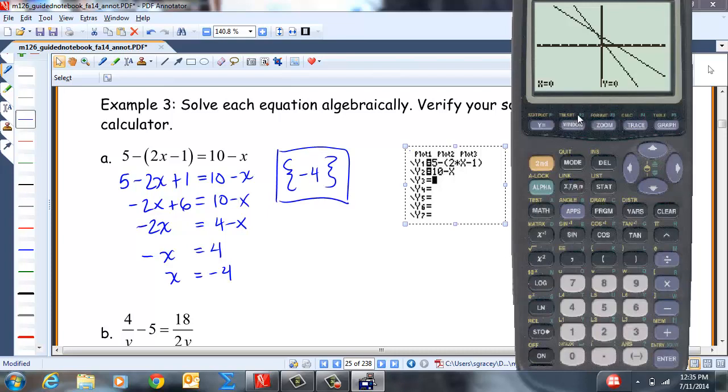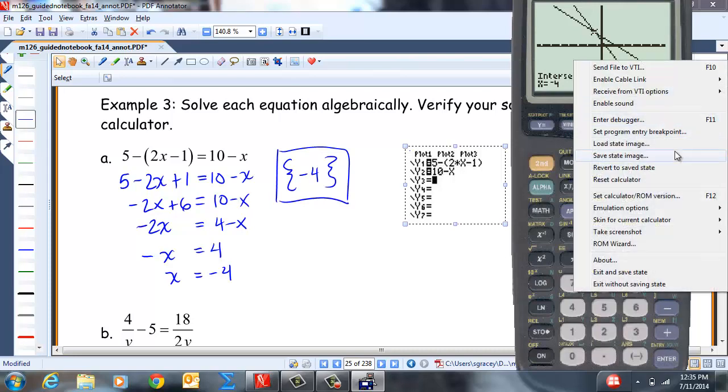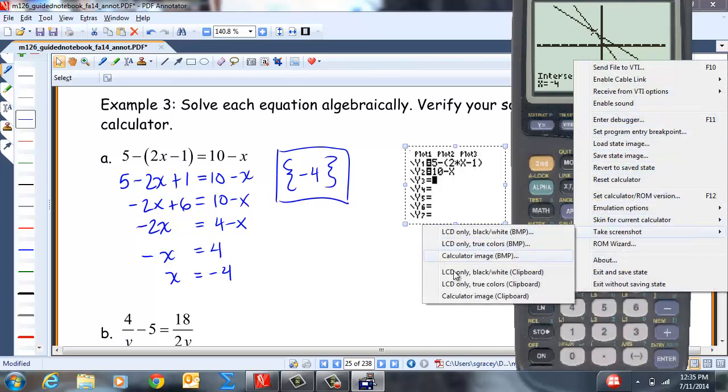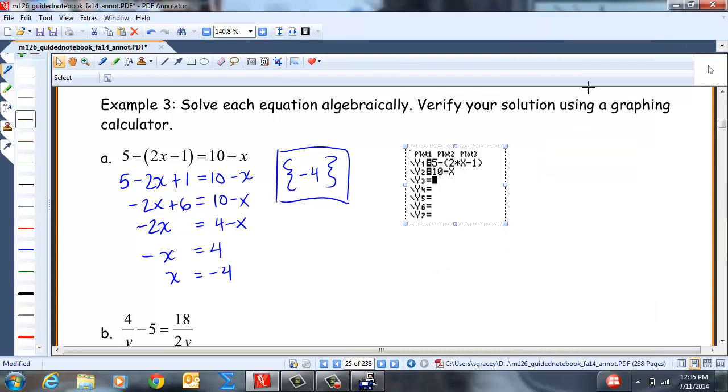So we go to our Calculate menu and select Intersect. There's only one intersection point, so we don't have to be careful about where we press. And we got it. The intersection occurs at the ordered pair -4, 14.